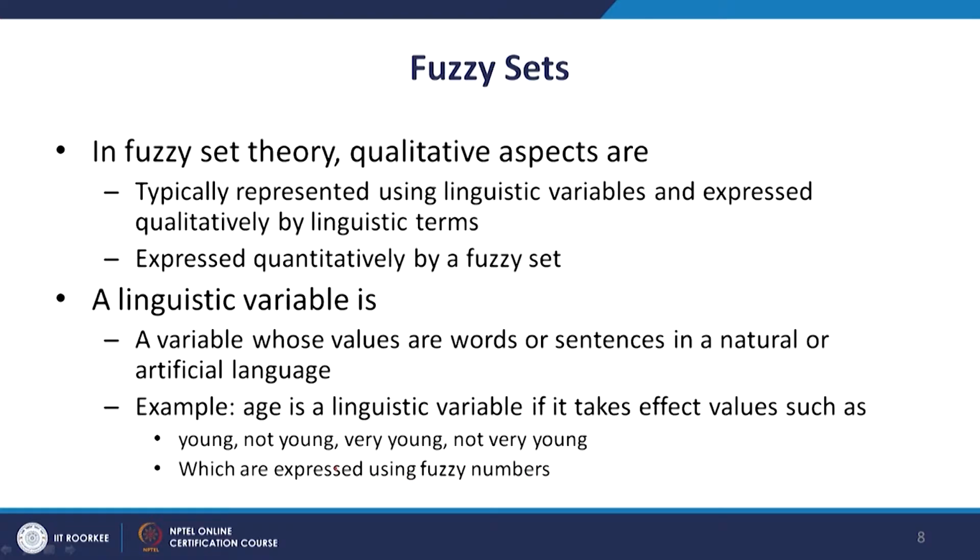That is why the use of fuzzy sets is important in the MCDM domain. So, for example, age: young, not young, very young, not very young, which are expressed using fuzzy numbers. These terms can be mapped to fuzzy numbers just like the definition of fuzzy set we saw in the previous slide. So, let us move forward.